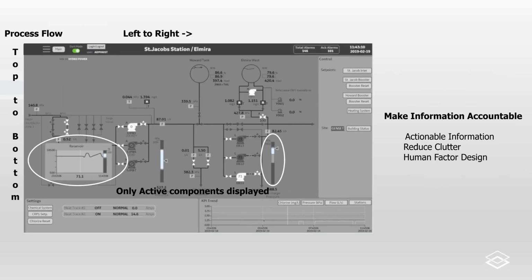Another example for Waterloo is this screen showing a process P&ID diagram. Some of the differences here is you see that the process flow is from left to right, top to bottom. There is no need to add additional information to the screen to be able to show you other things within the process that's not giving you actionable information.